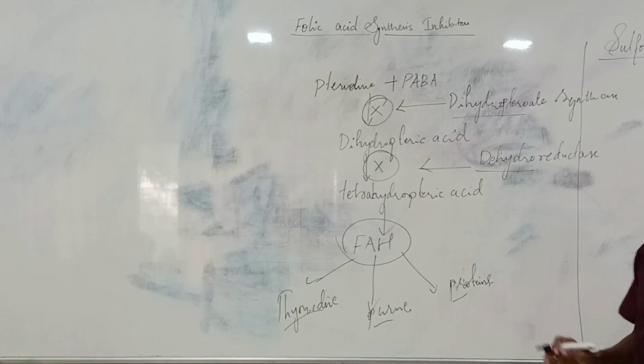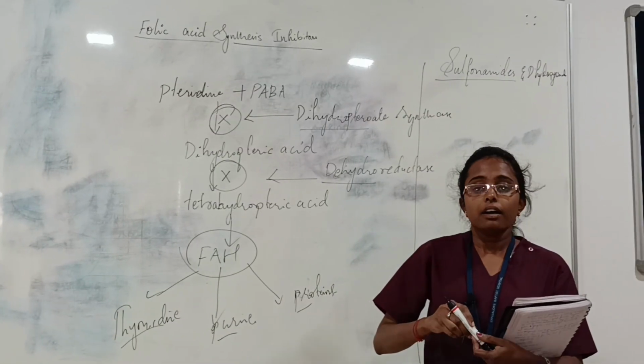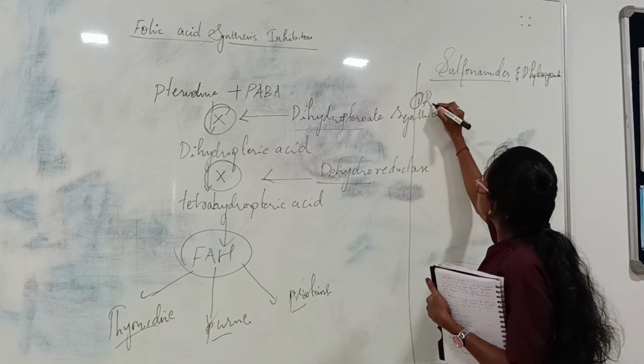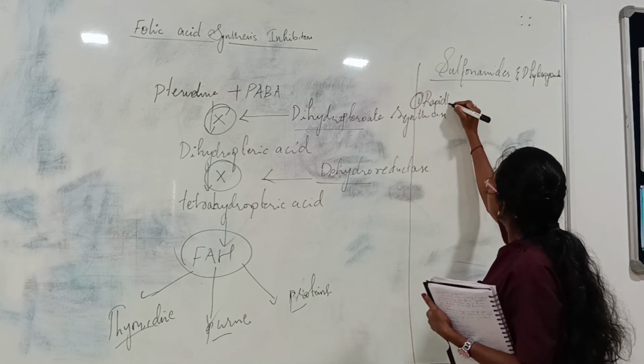In sulfonamides, we have classification according to absorption in the GIT. So, first class, rapidly absorbed in GIT.